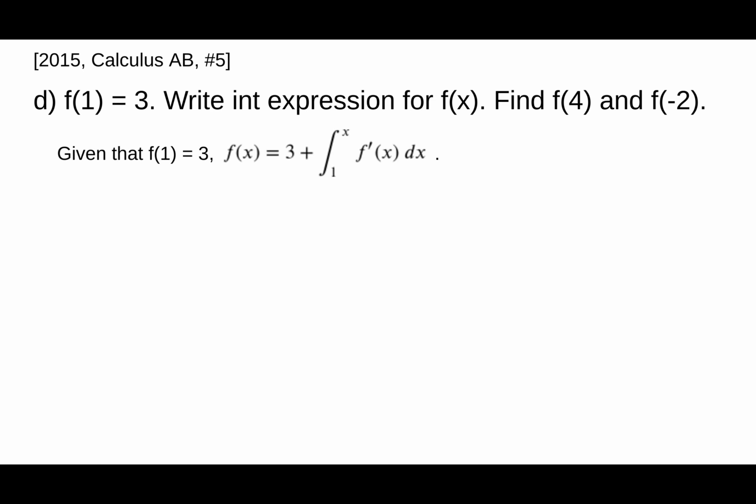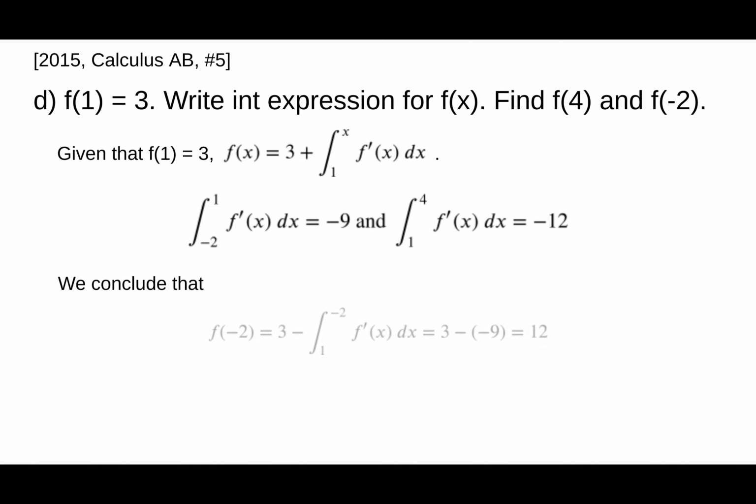All right, so given that f of 1 is equal to 3 and that f of x can be found by doing 3 plus the integral from 1 to x of f prime of x dx, the integral from -2 to 1 of f prime of x dx equals -9, and the integral from 1 to 4 of f prime of x dx equals -12, we can conclude that f of -2 is 3 minus the integral from 1 to -2 of f prime of x dx, which is 3 minus -9, which is 12.